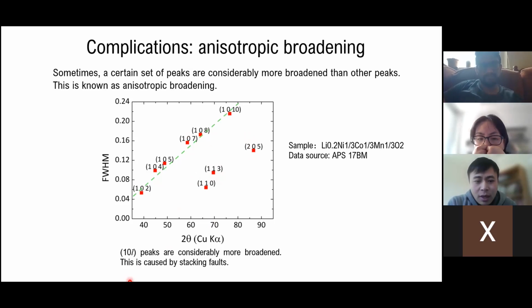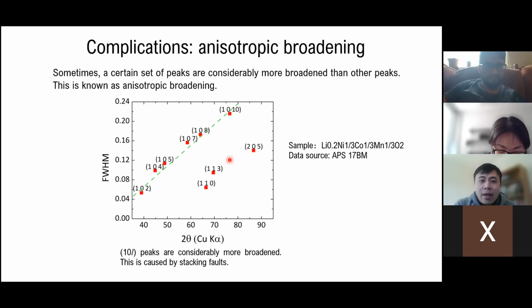For example, in the case of charged NMC, this anisotropic broadening happens because we have a lot of stacking faults in the charged state. In fact, by simply examining how the peak width changes as a function of 2 theta, we already get that kind of hint.